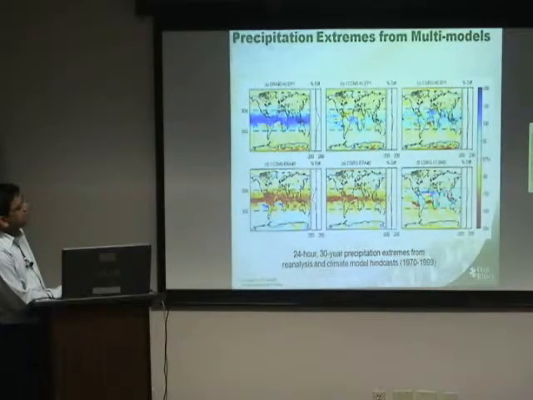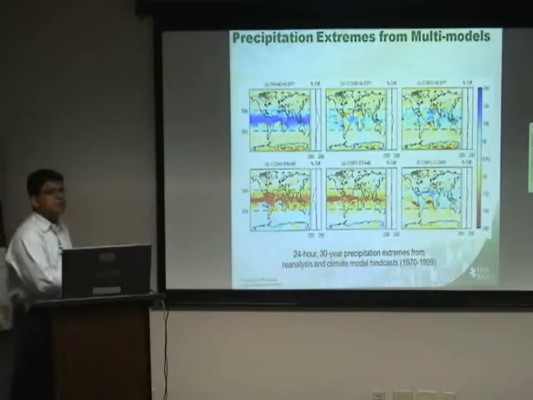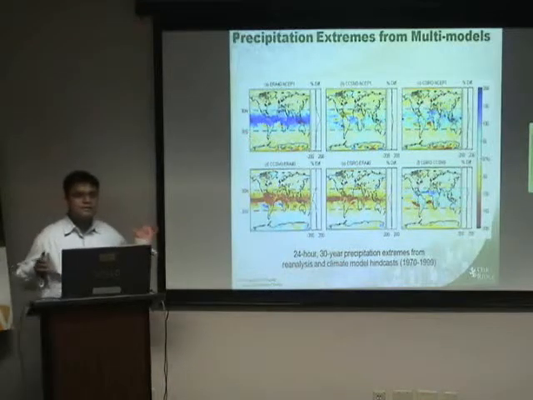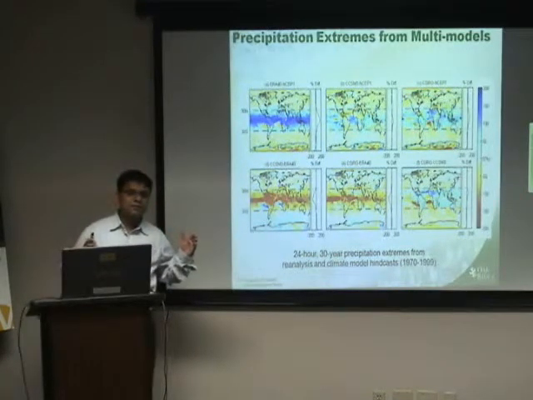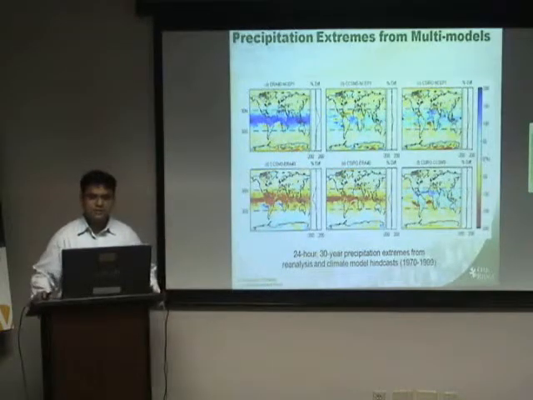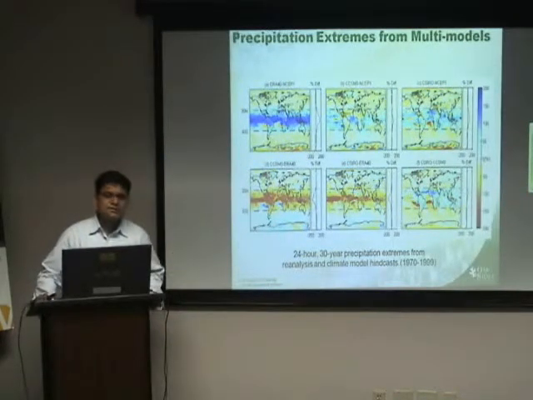The difference is very high in the equatorial regions typically, which is expected. This is observation minus observation. So why is this huge difference? Well, because the way these reanalysis data sets are generated is a reconstruction of past climate based on all the observations that you have, but that reconstruction is done with a meteorological model.